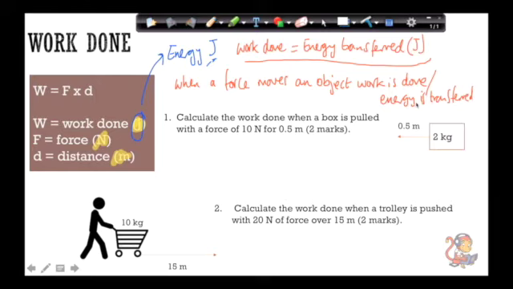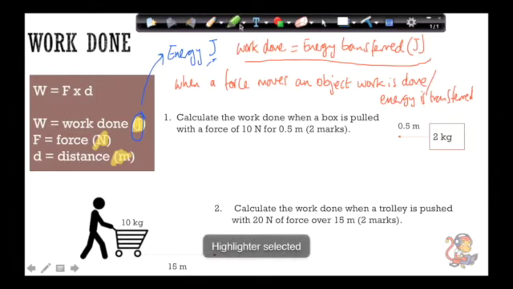So we can think about this as how much energy is transferred when a force is applied to an object over a distance, or in other words, we say how much work is done by that force over that distance. And these are some typical questions that you might be asked in the exam.